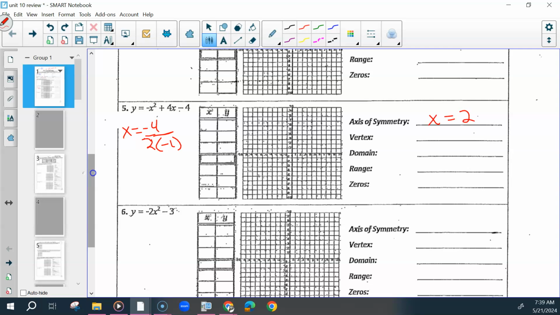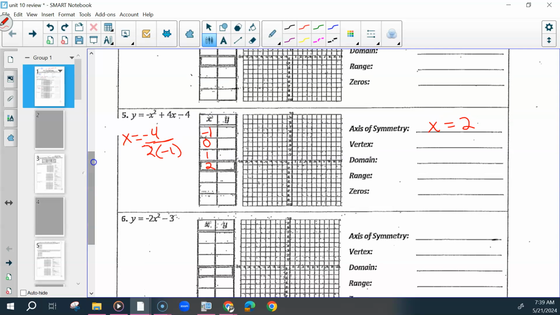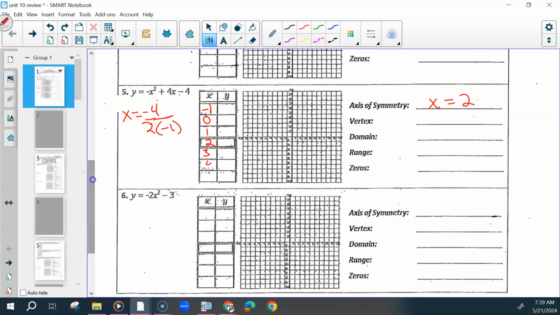So you're going to put that in the middle of your table and fill out the rest of your x's. Go backwards and forwards. And then in your calculator, you're going to put in this equation into y equals.